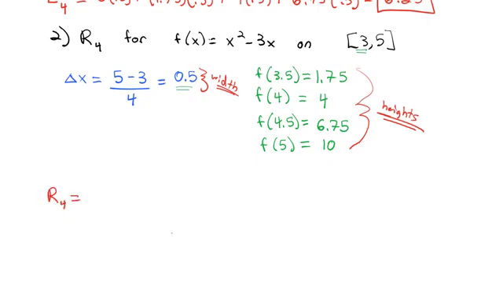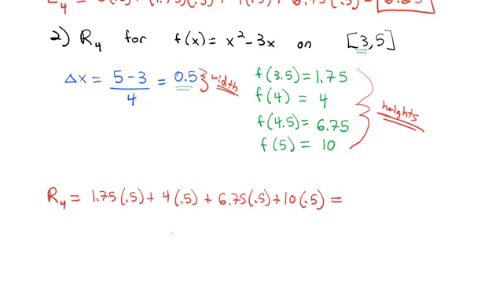So the 4 right-sided rectangles, multiplying the height times the width, 1.75 times 0.5, plus 4 times 0.5, plus 6.75 times 0.5, plus 10 times 0.5.